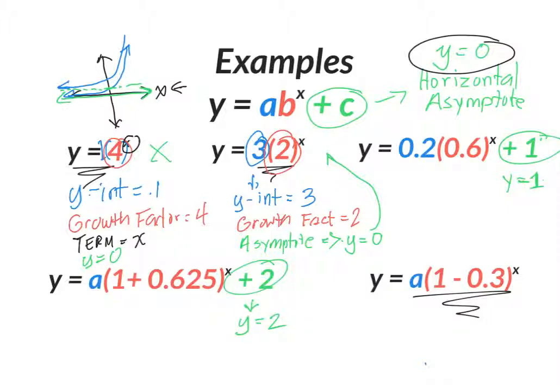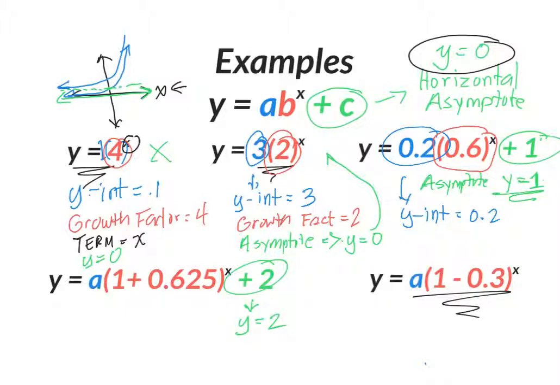All right, let's go over here. We already established that our horizontal asymptote is y equals 1. Let's look, our y-intercept this time is 0.2. And then our factor here, now this is in between 0 and 1.